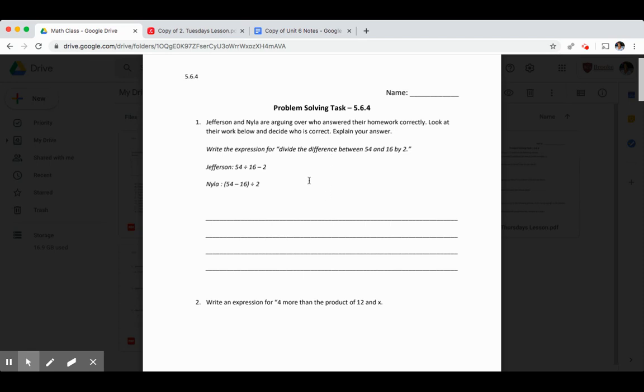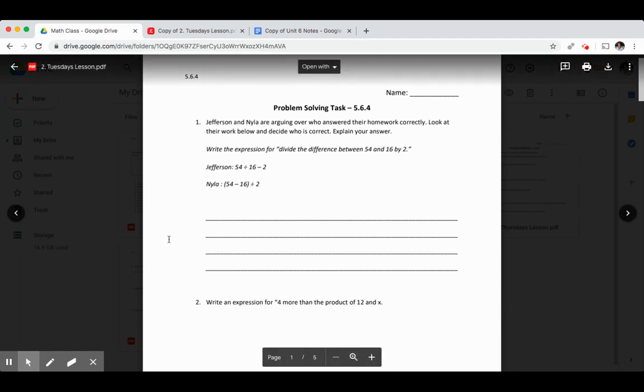So your first step should have been to reread the phrase and try and understand exactly what the phrase is saying. So for our phrase, we have divide the difference between 54 and 16 by 2. So first, let's go ahead and look in our phrase for keywords that tell us what operations we're going to be doing. So based on the phrase, what operations do you know we're going to do?